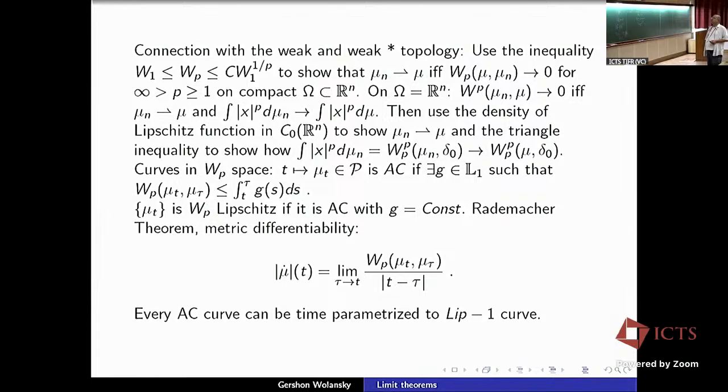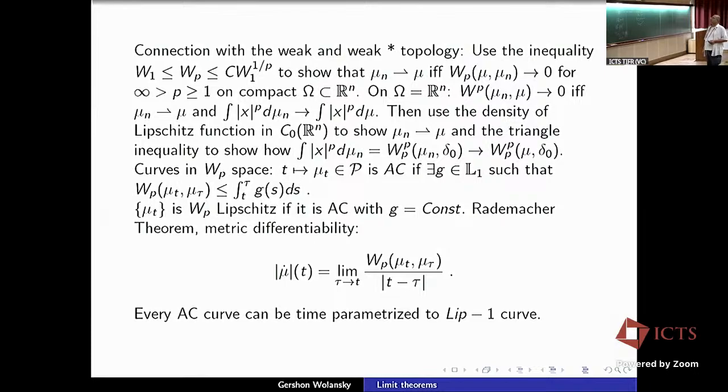First, we have this inequality that's just Hölder. We integrate x minus y to the power 1, and estimate by Hölder inequality with x minus y to the power p times 1 to the power whatever.